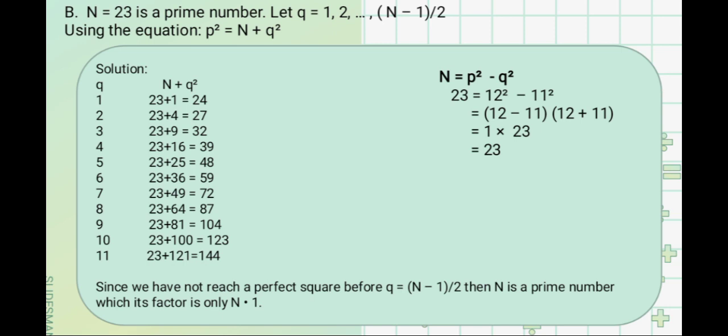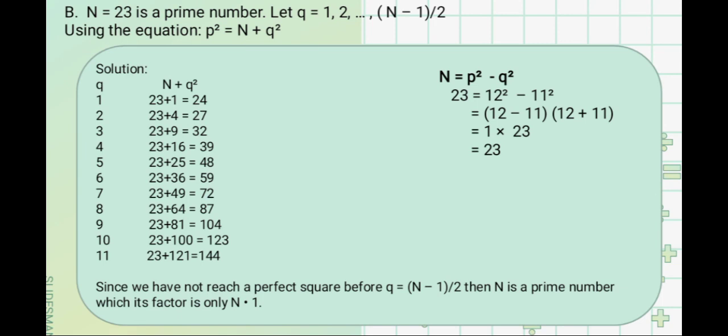That's why we conclude here that since we have not reached a perfect square before Q is equal to (n minus 1) divided by 2, then n is a prime number which its factor is only the number itself and 1. Okay? But we are going to check that one. Okay? Ato i-check if equal ba.